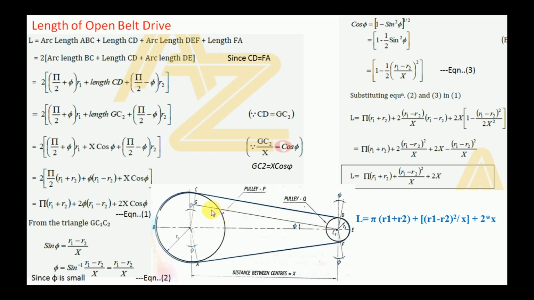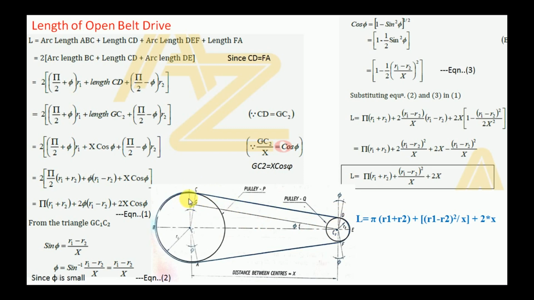Sin angle is opposite by hypotenuse. The opposite is GC1. We don't know this distance GC1, but we know CC1, and GC is equal to DC2, that is R2. This also we know.